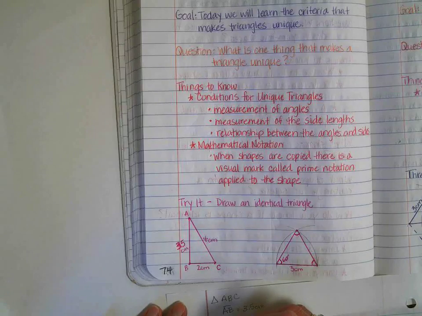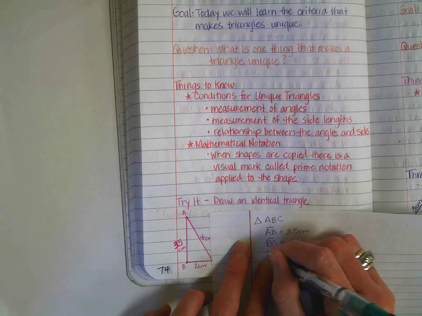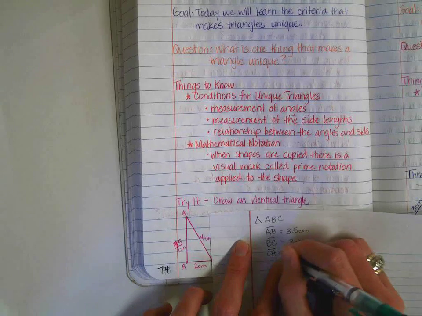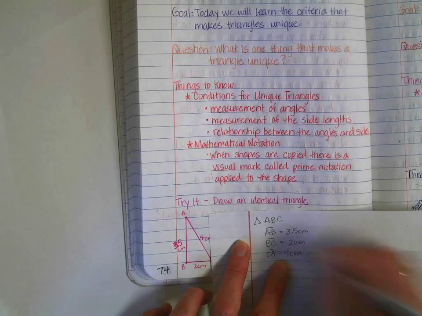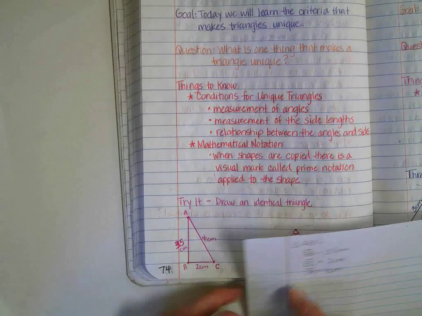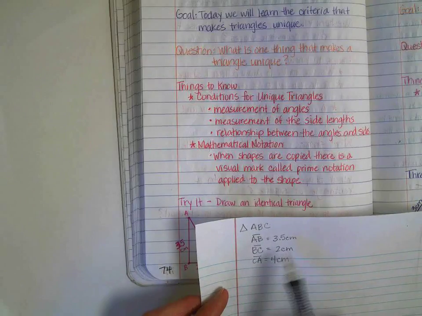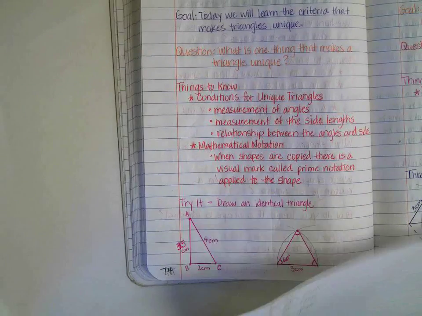Segment BC has to be 2 centimeters, and segment CA has to be 4 centimeters. That is the only given information about this triangle. So if we're going to recreate it to show it's a unique triangle having only these specific side lengths, then that's how we have to construct it.